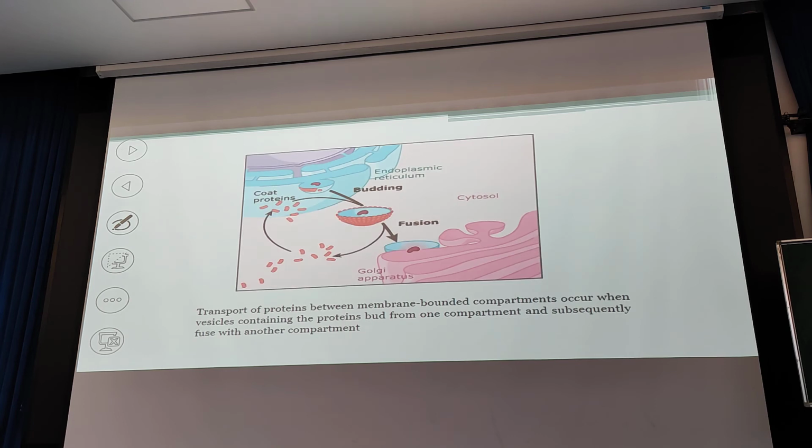in the trans phase. We have here the graph that represents briefly how the proteins can be transported between the endoplasmic reticulum and the Golgi bodies.